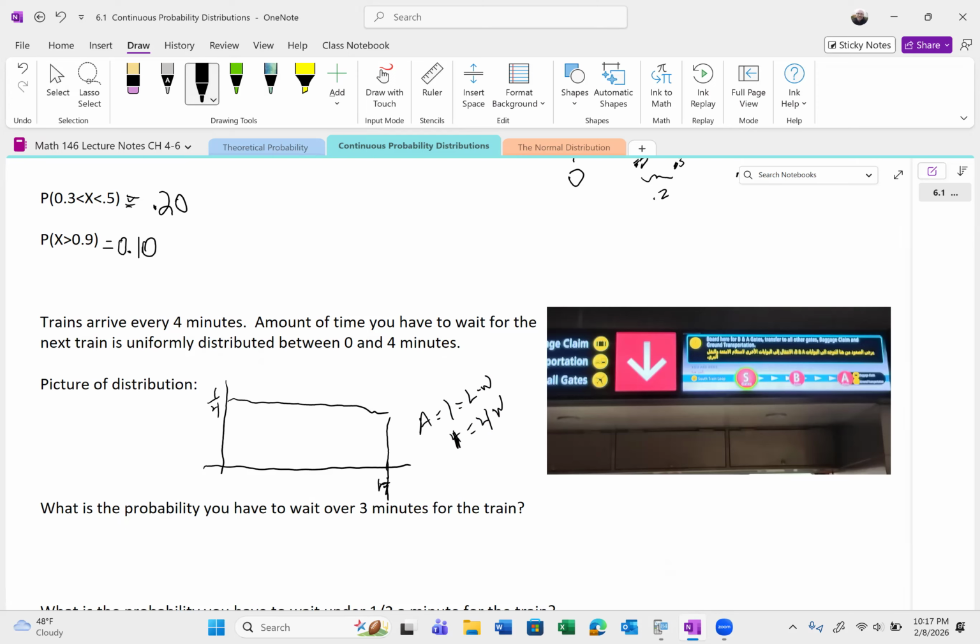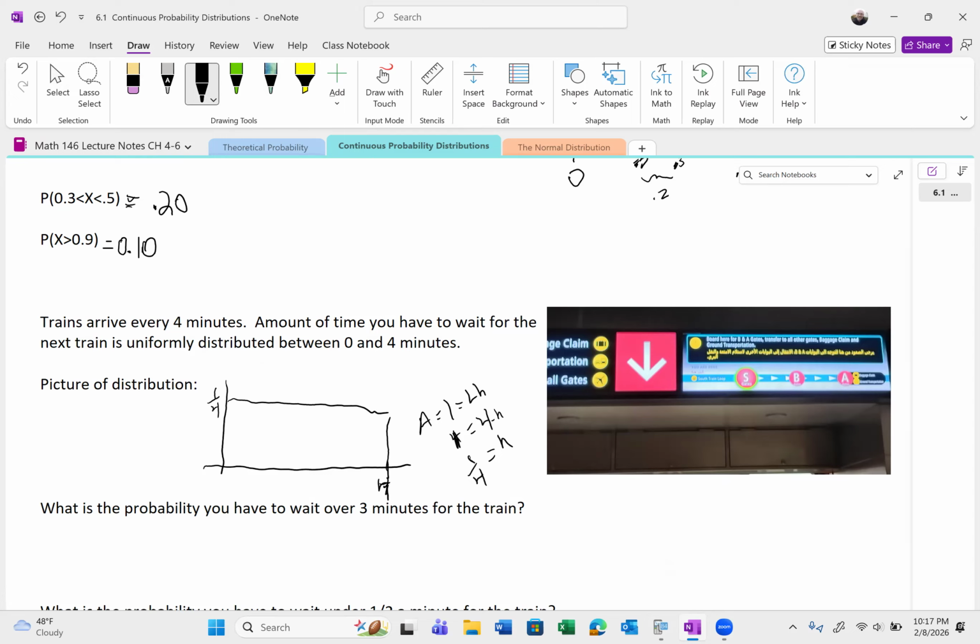Actually, I have W, but I should be using H. The length times height gives you the area, and that area has to equal 1. But if the length is 4, then the height would have to be 1 divided by 4, 0.25.